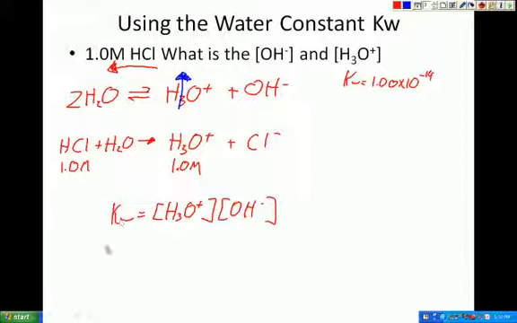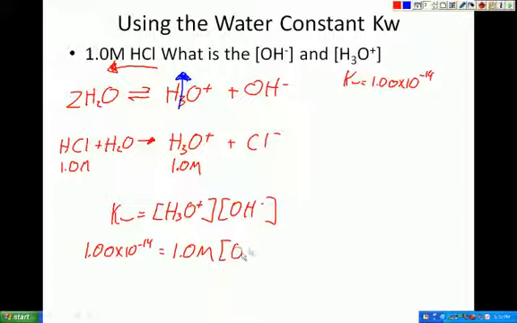But now we added some acid, so it increased the H3O+. So this is 1.0 times 10 to the minus 14. It's a constant. And the H3O+ has now increased to 1.0 molarity.